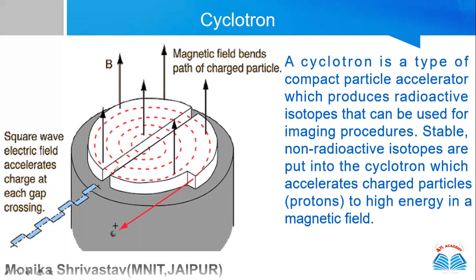This is a shape of D, right? D-type shapes are there, two D's, so we call them D's. Those D's are made of conducting materials. And now we make the charge move in a circular path. In the presence of a magnetic field, it will obviously move in a circular path.